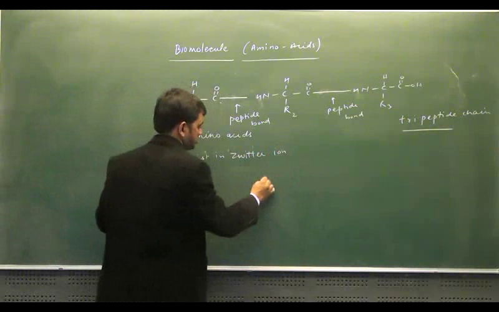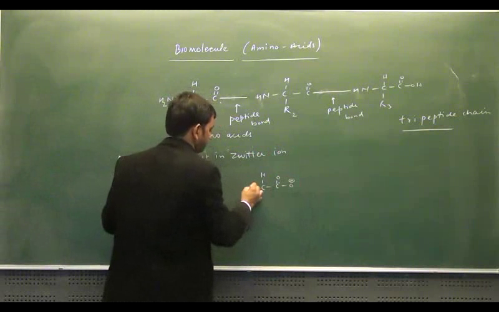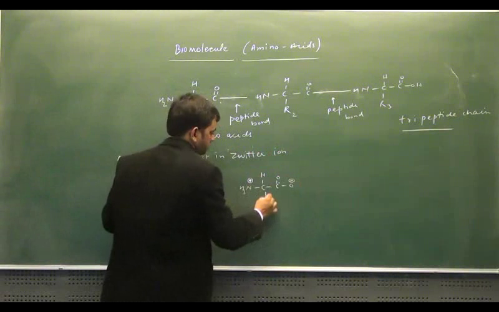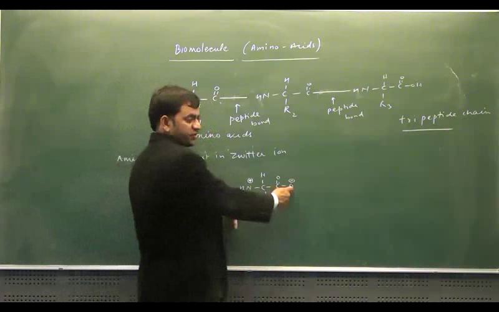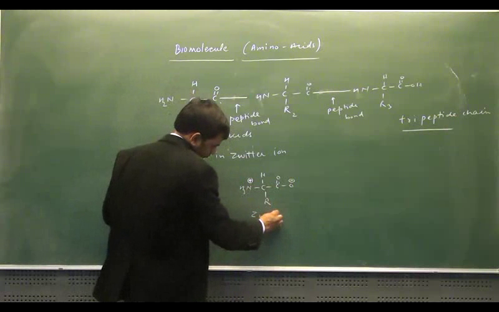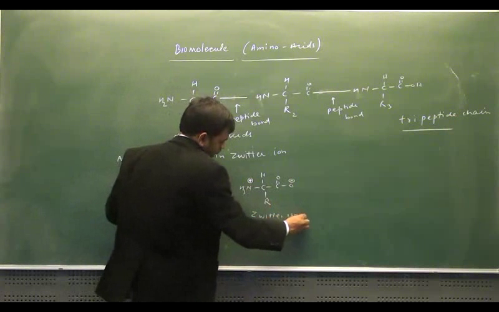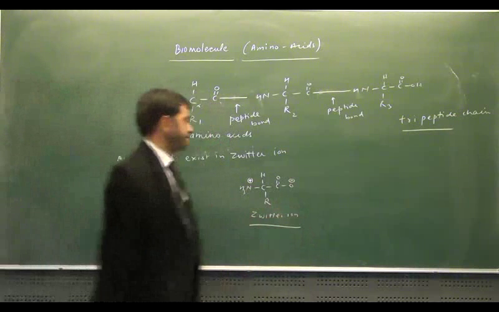Here it is CH, COO negative. This is the zwitterion. The proton of the acid goes to the basic part, so it has both charges. This is called a zwitterion.